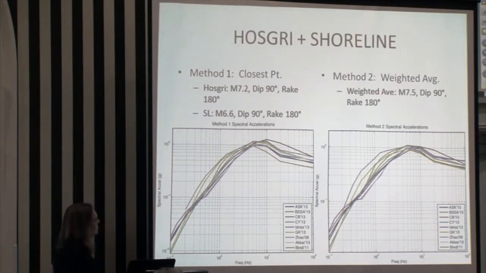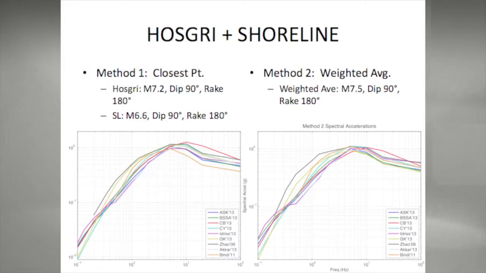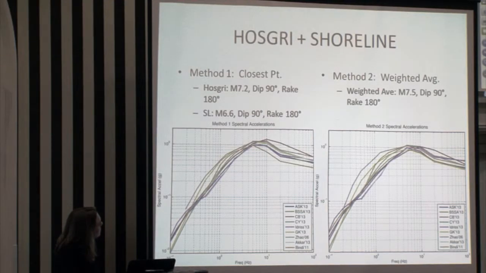Okay, so this shows the results for the Hosgri combined with a splay on the shoreline fault. Method 1 is getting that closest point. Method 2 is the weighted average with the total area, or the magnitude estimated from the total area. Again, we have these differences here.